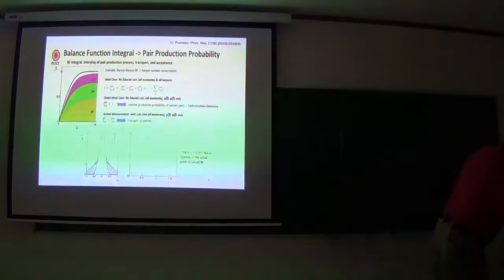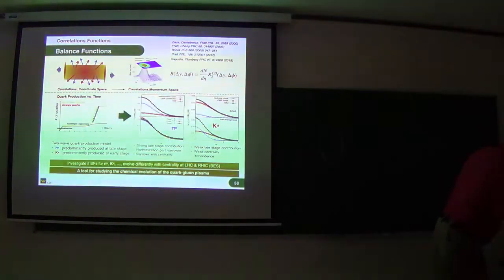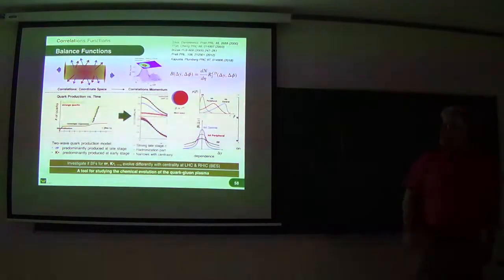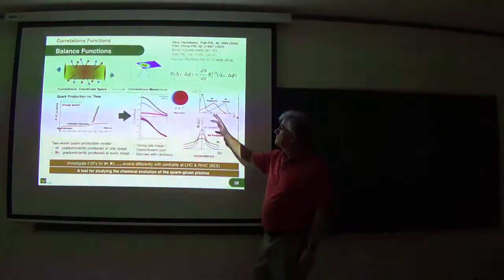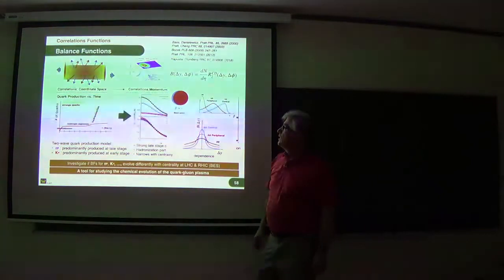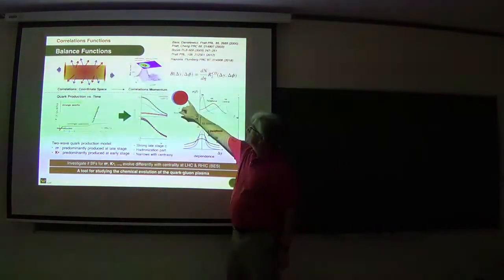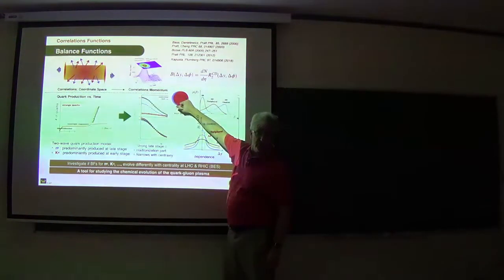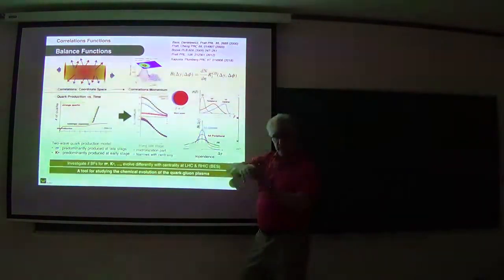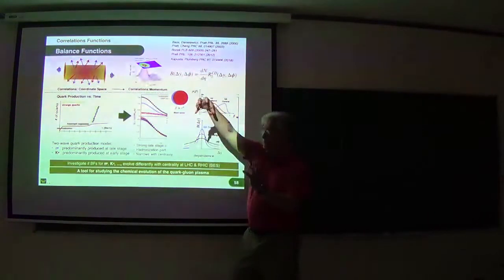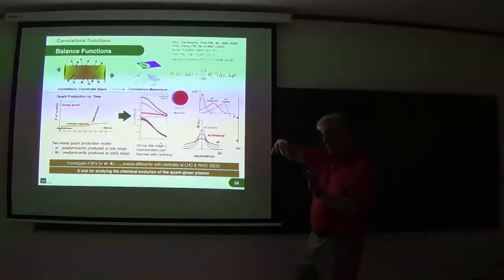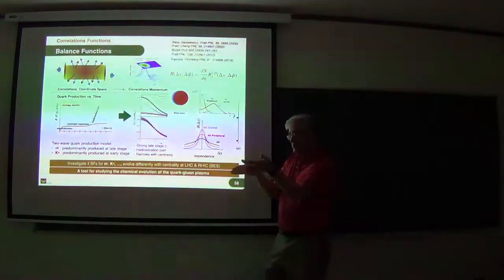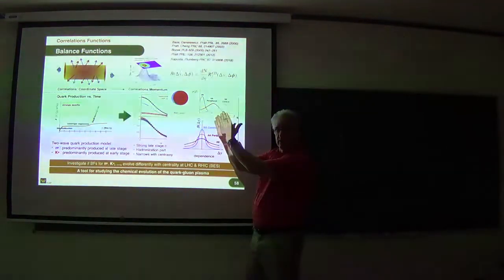I cheated a little bit, however, and I did not talk about this here. Remember, I spoke about the blast wave model, and I told you that in the blast wave model we have emission from a source. The source has a certain radius, and the cell is moving at some velocity. This cell moving at a high velocity, all the particles emitted in the cell are going to be kinematically focused.